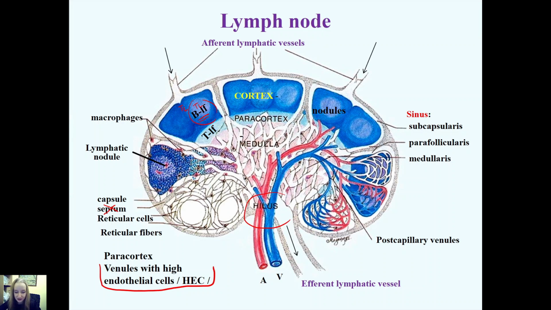The endothelial cells are very high, they are cuboidal here, and it's kind of a paradox, but they can transport T lymphocytes better than normal capillaries or normal vessels. And this is a medulla normally.